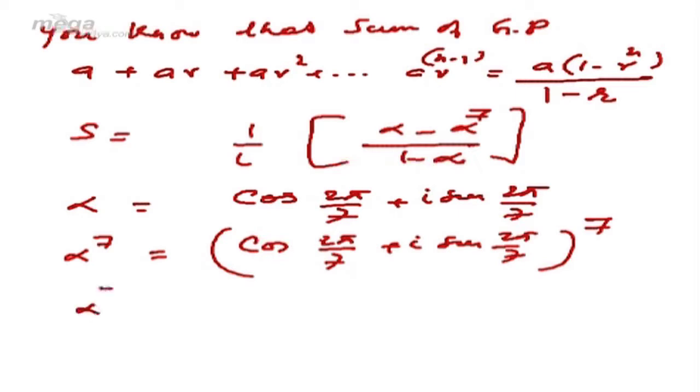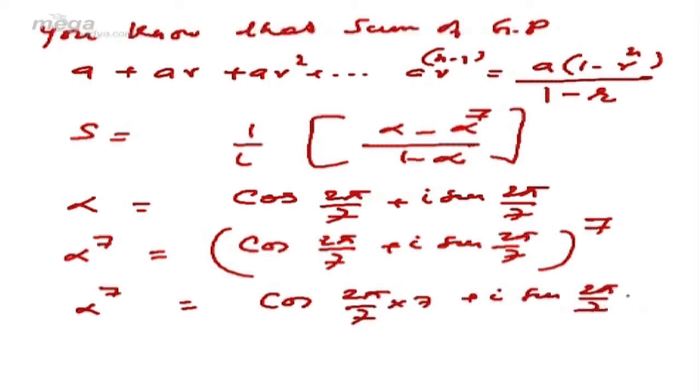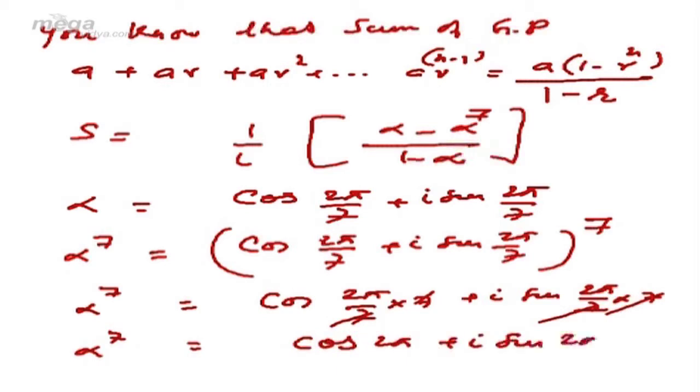Alpha to the power 7 will become cos(2π/7 × 7) plus i sin(2π/7 × 7). Cancel 7 by 7. So alpha to the power 7 will become cos 2π plus i sin 2π. You know that cos 2π is 1 and sin 2π is 0, so this will become 1 plus 0. So alpha to the power 7 is equal to 1.